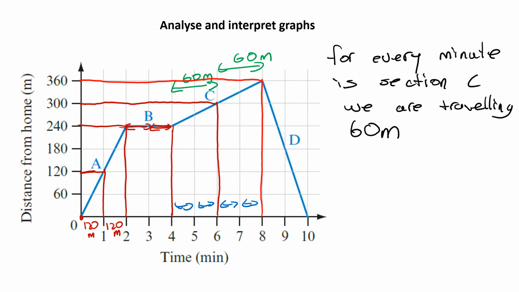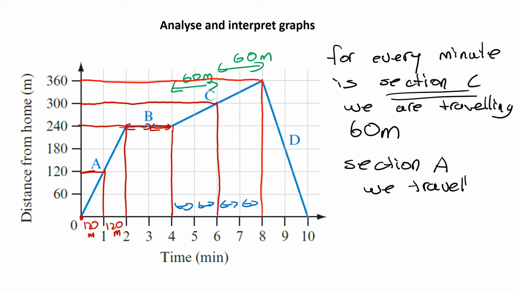So remember, that was section C. Section A, we traveled 120 meters every minute.